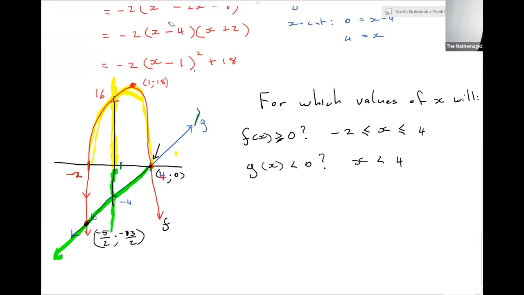Okay. All right, here comes the tricky one. For which values of x will f of x be bigger than or equal to g of x? Okay. What is this now asking? Where is the parabola bigger than the straight line?